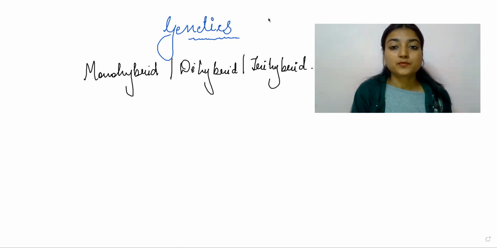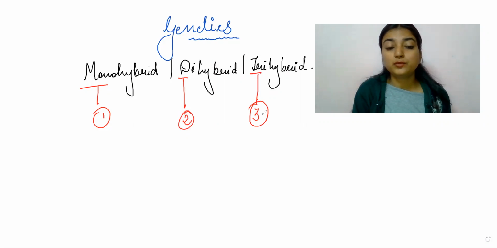So, mono means single, di means double, and tri means triple or three.